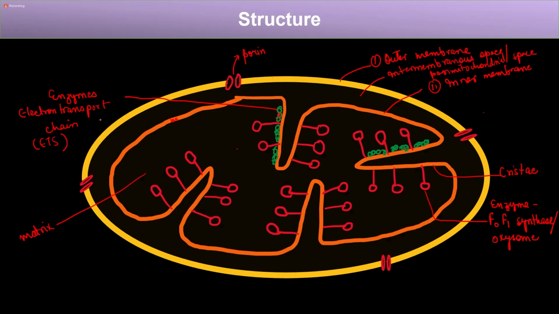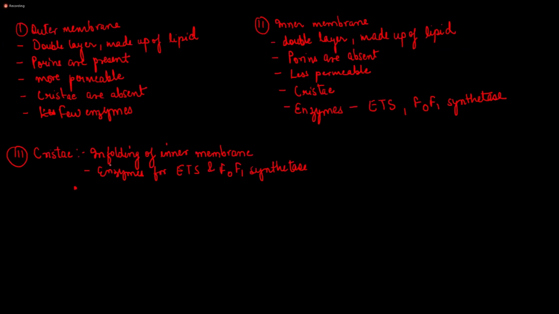These enzymes undergo continuous oxidation and reduction, and hence this leads to the formation of ATP. This process takes place at cristae. Hence, it is known as the site for oxidation and reduction.